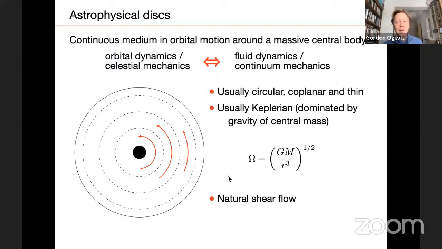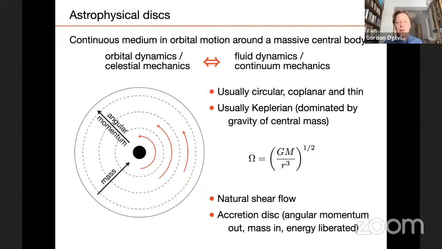So this is an example of a natural shear flow with an angular velocity that decreases outwards, and differential rotation.